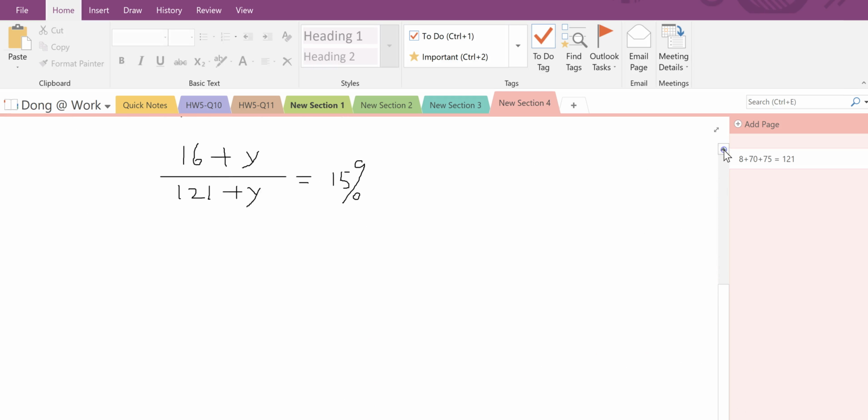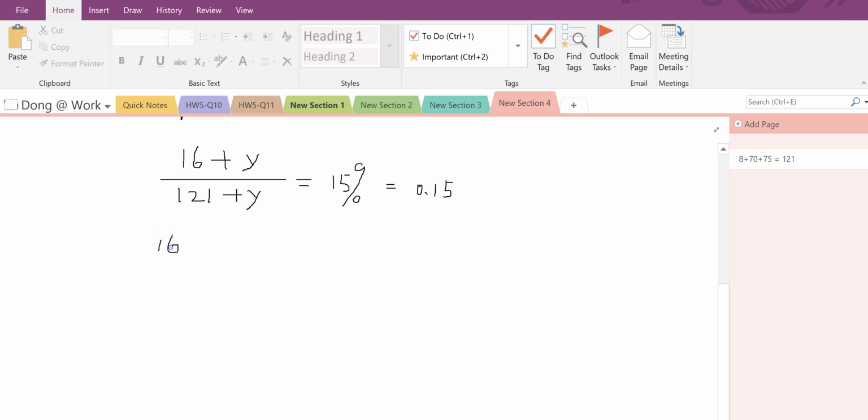First, let me use a decimal number instead of the percentage, just for ease of viewing. We first multiply both sides by the denominator of the left-hand side, and that gets rid of the denominator.